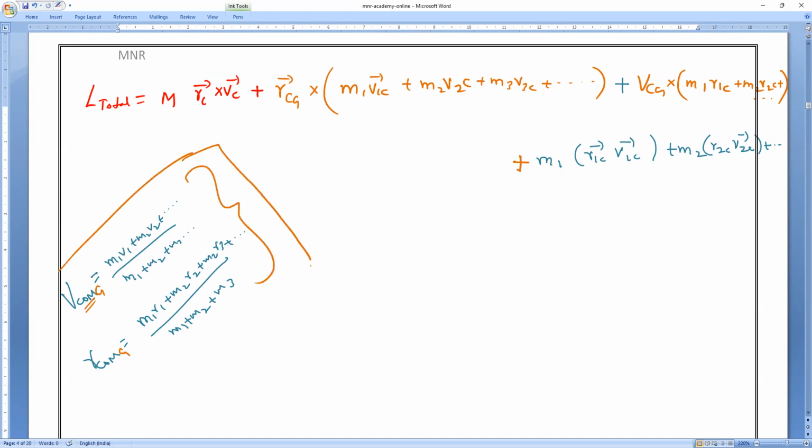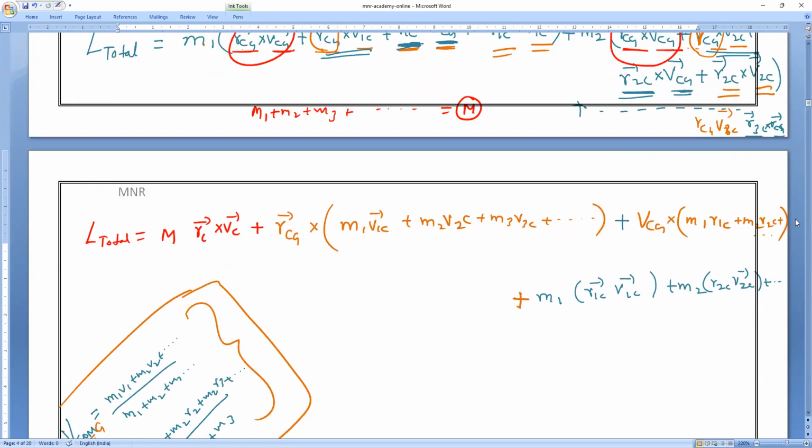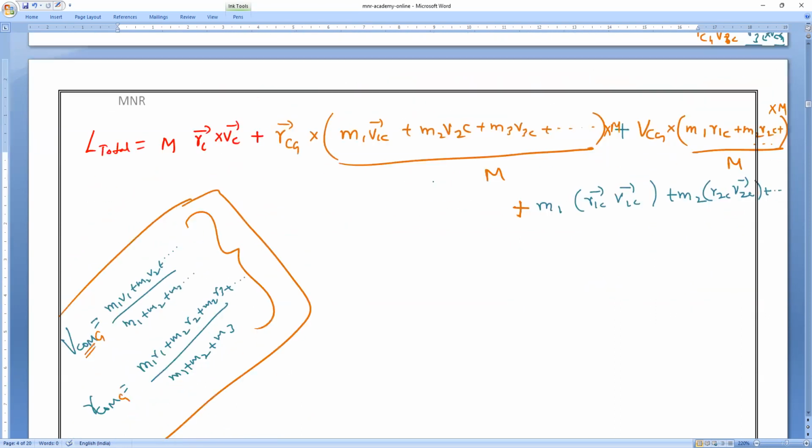Ground. Okay. Now all of you observe the second term and third term. I will multiply both numerator and denominator with capital M, capital M divided by capital M, and this term also. The total mass will become, what will happen?